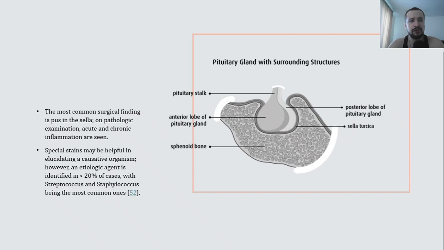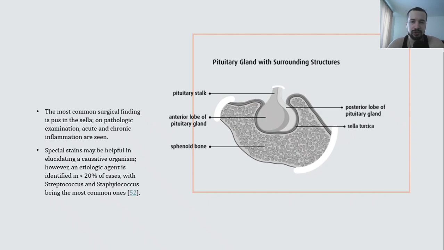The most common surgical finding is pus in the sella. On pathologic examination, acute and chronic inflammation are seen. Special stains may be helpful in elucidating a causative organism. However, an etiologic agent is identified in less than 20% of cases, with Streptococcus and Staphylococcus being the most common ones.